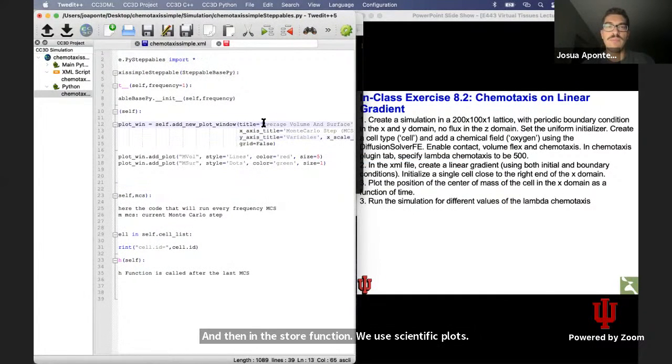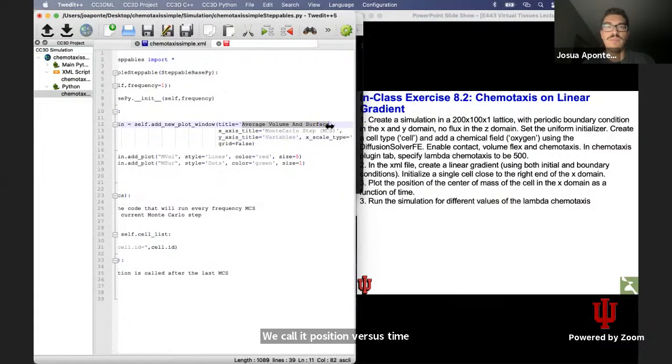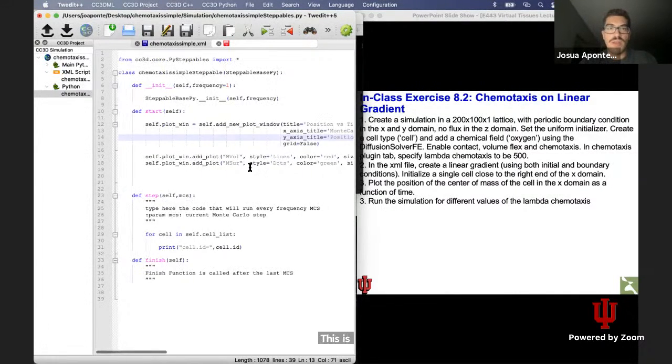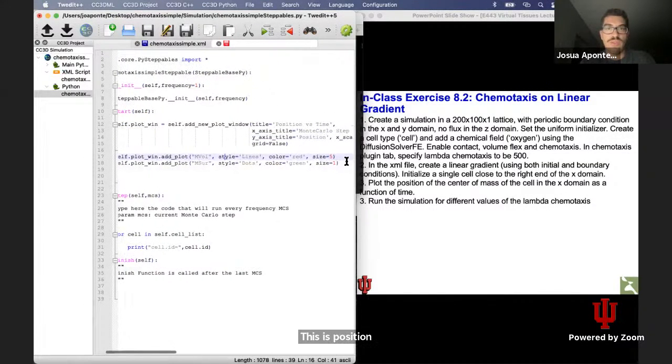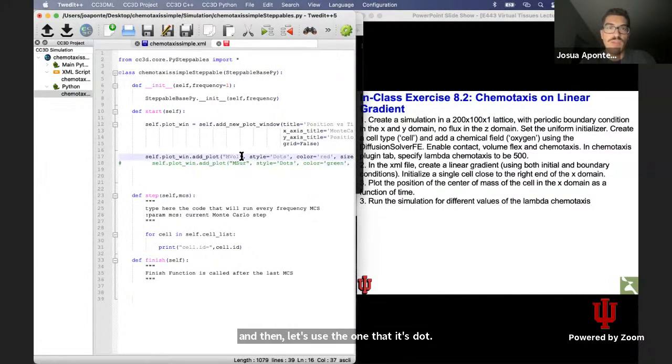We call it position versus time. This is position. And then let's use the one that is dots. This one. And let's call this data series POS for position.